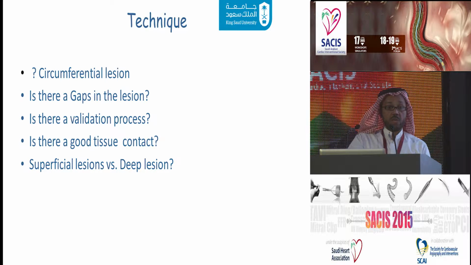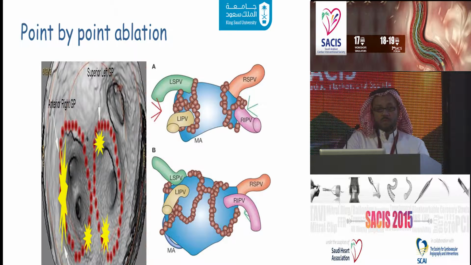Superficial lesion versus deep lesion: we know that there's a lot of edema with a superficial lesion, and with time that edema heals, or if you cool the tissue after warming up, that edema heals, and the lesion becomes very superficial and ineffective. So this is a diagram from pulmonary vein isolation, just to give you a flavor of how we do a circumferential lesion. We move the catheter from one spot to another spot.